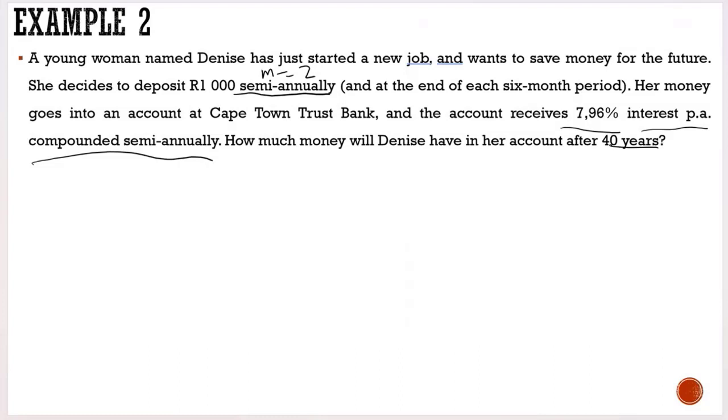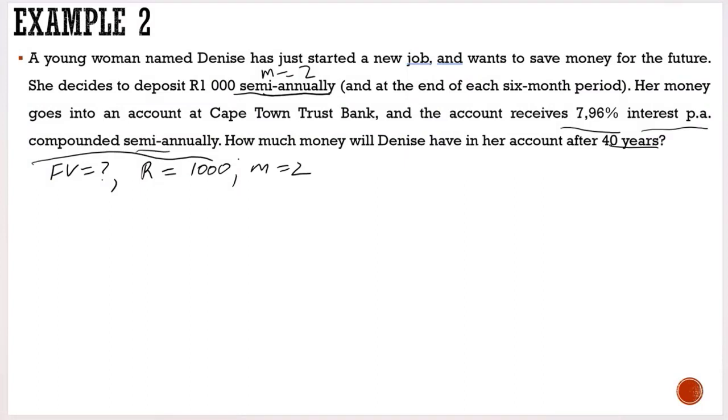So now, after 40 years, that is in the future, you already know you are looking for a future value. You know your payment is equal to 1,000. You know the compounding periods M is equal to 2 because it is semi-annual, and these are the same.